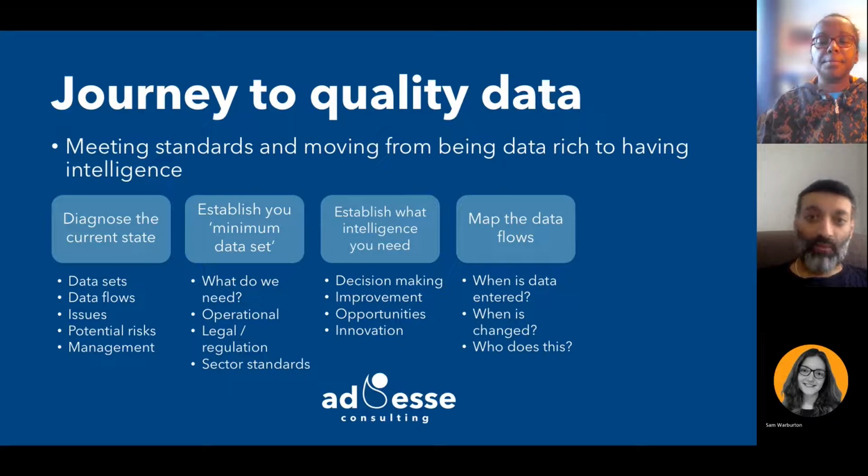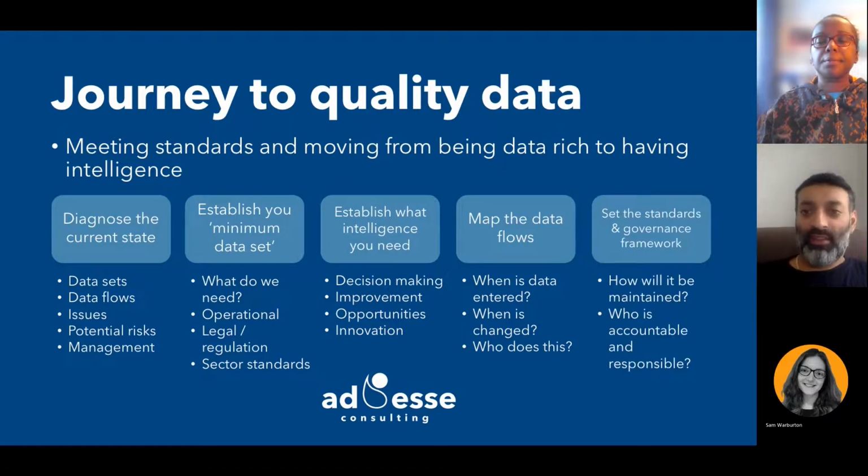And then before we can really get into building our future state, if you will, is the thing that people often forget, which is setting the standards, the governance framework around how we want data to work in the future. If you fail to do this, which lots of organizations do, what you tend to do is you end up doing the first 4 things every 4 or 5 years.